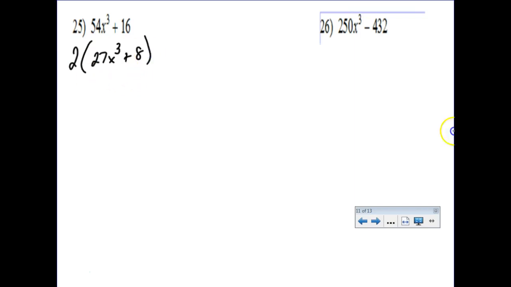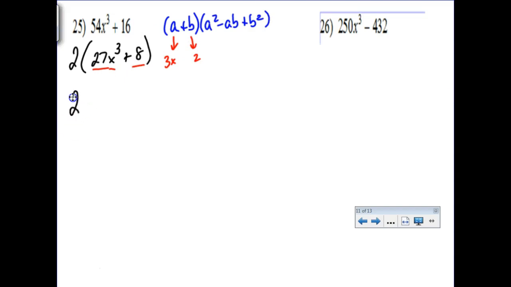So this is one of my special patterns. This is the sum of 2 cubes, which will factor into a plus b times a squared minus ab plus b squared. So if I think backwards, like who is a and who is b, a is going to be the cube root of this with the variable, so it's 3x, and b is the cube root of this, so it's 2.